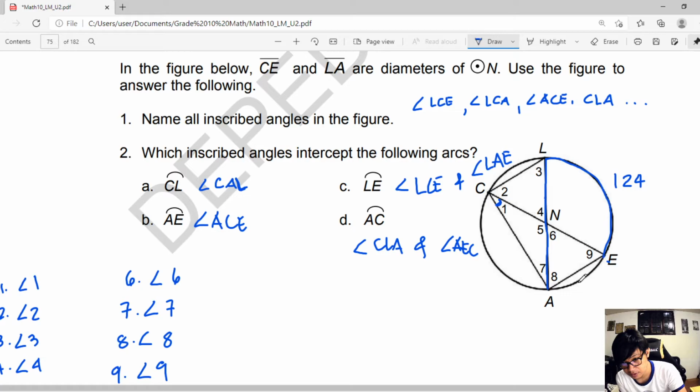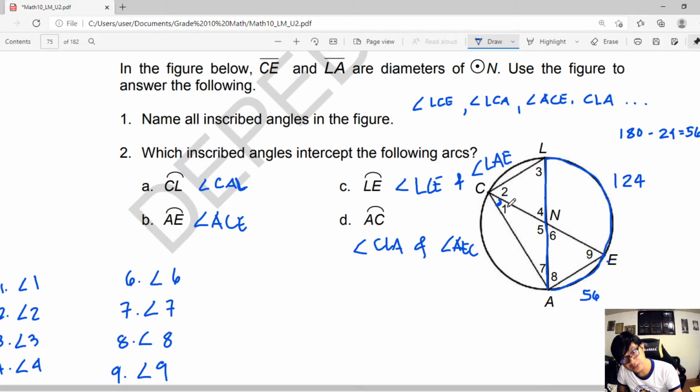So, the semicircle is 180 minus 124, which is 56. So, the measure of arc AE is 56.